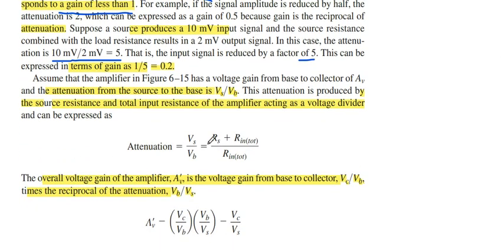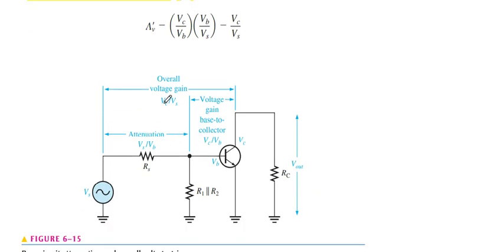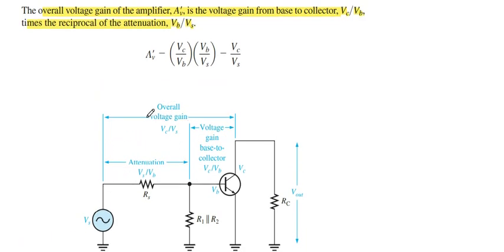There the attenuation is Vb over Vs. It gives the diagram also. This is our overall voltage from this point to the collector point Vc.